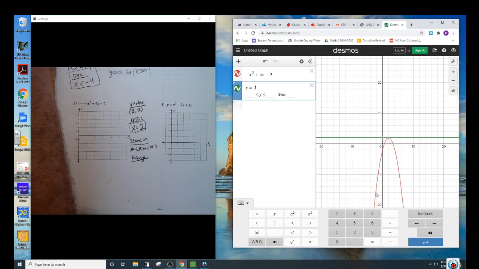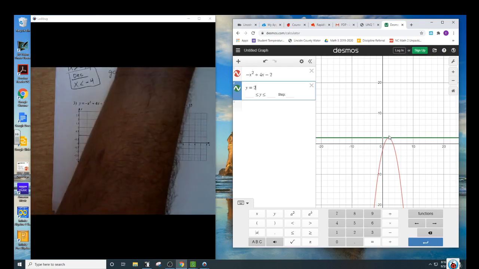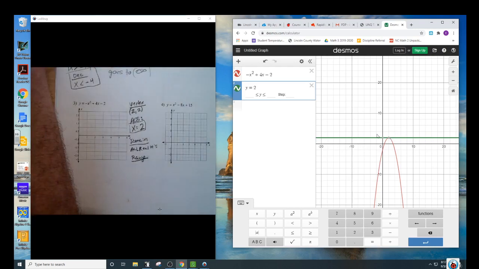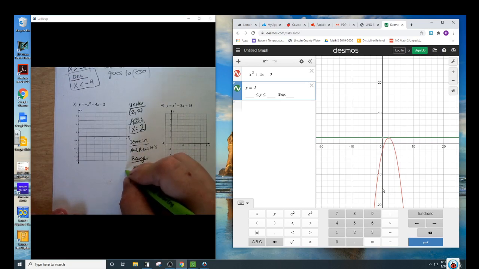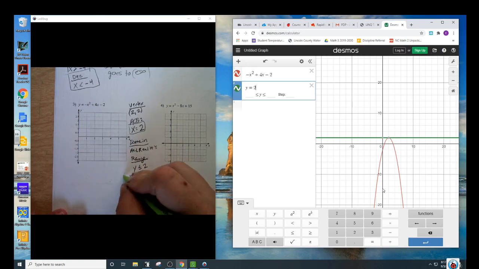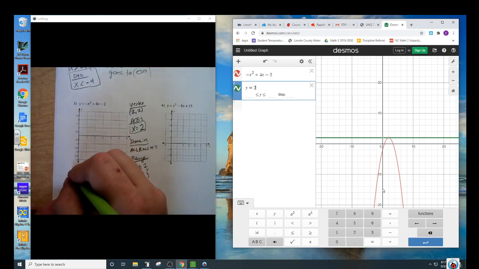It covers only values less than 2. So think about it, guys. The range is actually asking what y values this function covers, and it covers any y values less than 2. So the range is y less than or equal to 2. And you may see it written like this or like this.